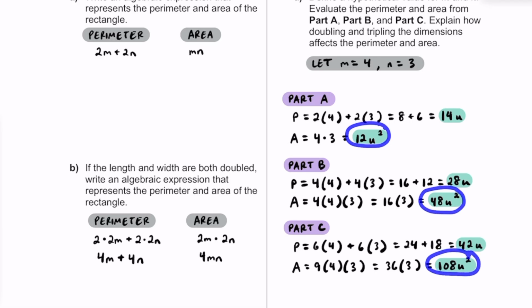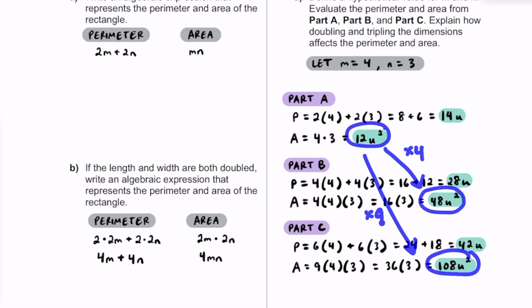This is interesting because even though we doubled the dimensions, the area did not double. When you double the dimensions, the area is actually 4 times larger. And when we triple the dimensions, 12 times 9 is 108. So it's actually 9 times greater of an area when you triple the dimensions.